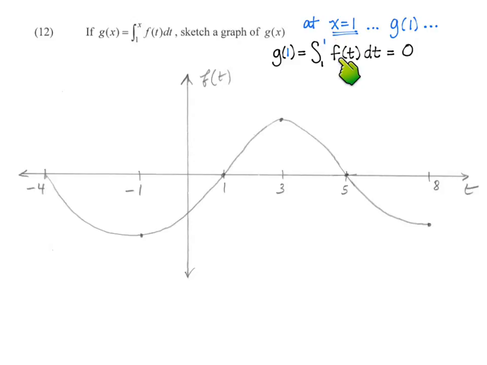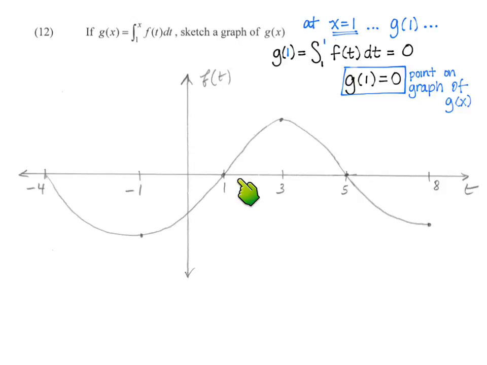But our properties of integrals say when your lower limit and your upper limit are the same, that integral will have a value of 0. So therefore g of 1 is equal to 0, and that means that (1, 0) is a point on the graph of g of x. So this point right here, which is on the derivative f of t, is also on the graph of g of x. So I plugged that in. I made it nice and blue there.